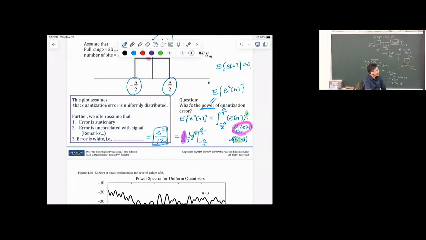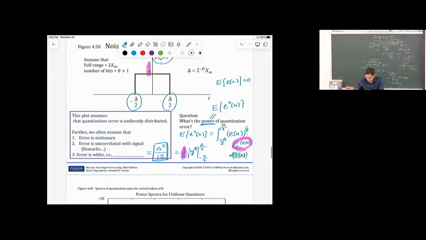Let's summarize: when we have sufficiently many bits for encoding, the noise distribution looks pretty uniform. Based on that, we can estimate the noise power, and the answer is delta squared divided by 12. That's one nice result.